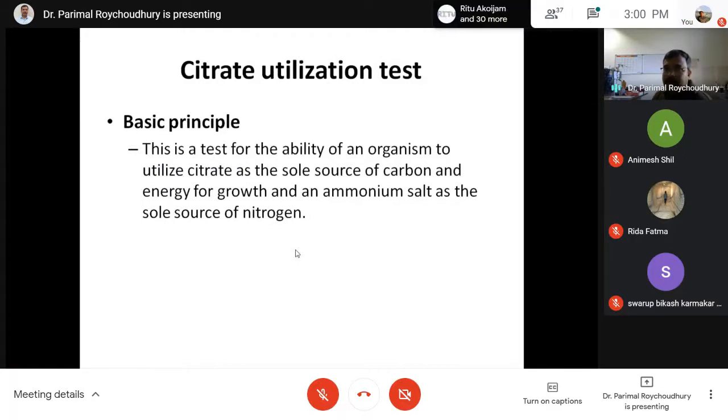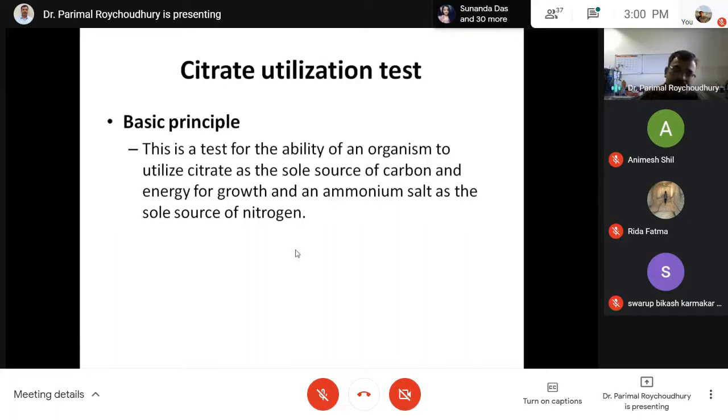This is another test called the citrate utilization test, and this is also really important in identification of important members of the Enterobacteriaceae. Here again, the principle is that there are certain bacteria which can utilize an inorganic salt as a sole source of carbon and energy.